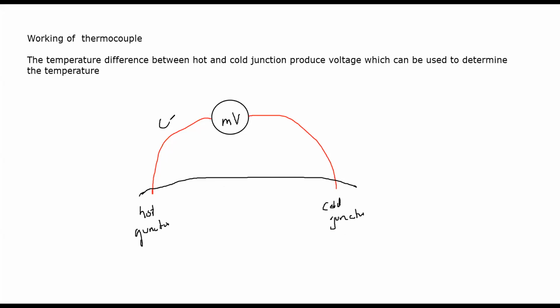You can label, like the first one is copper, iron. I'll do some questions related to this thermocouple as well. So you will see how the question is there. And this one is voltmeter.